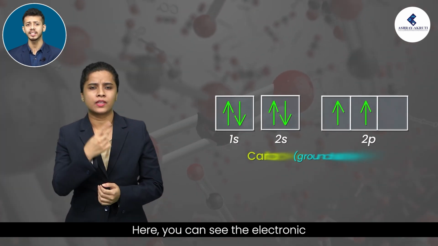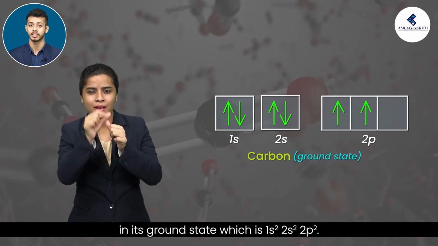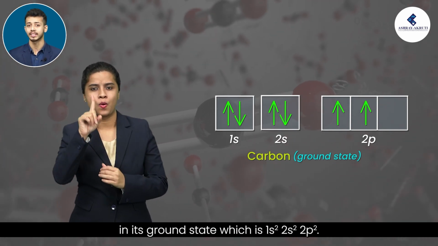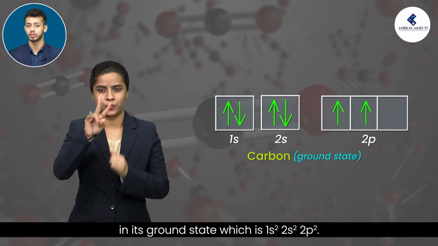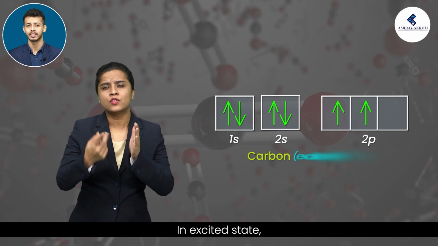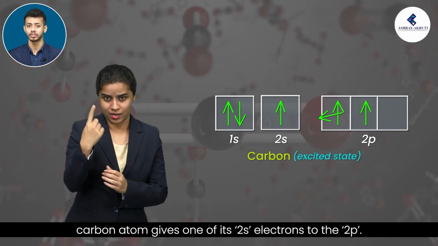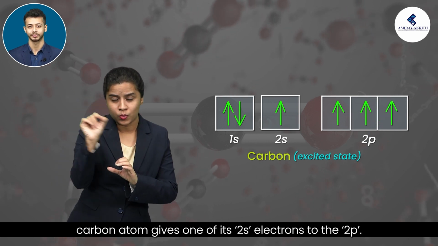Here you can see the electronic configuration of carbon atom in its ground state, which is 1s2, 2s2, 2p2. In excited state, carbon atom gives one of its 2s electrons to the 2p.